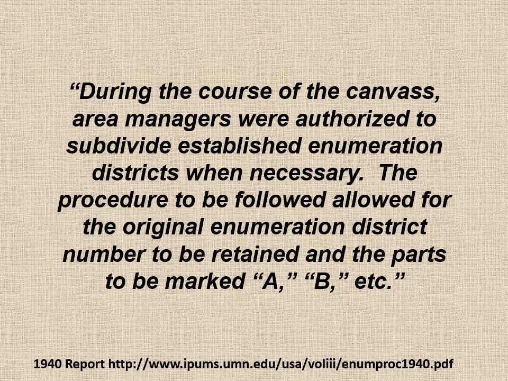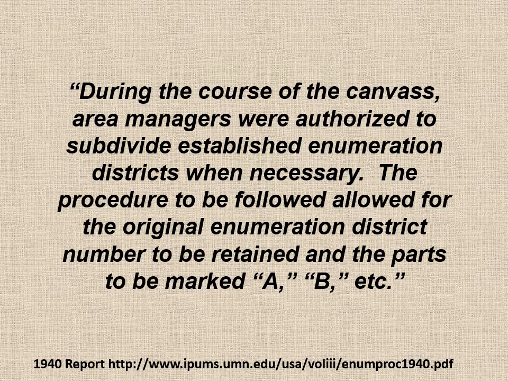And so here, as part of the procedures I found for 1940, it says that during the course of the canvass, area managers were authorized to subdivide established enumeration districts when necessary. The procedure to be followed allowed for the original ED number to be retained and the parts to be marked A, B, etc. So let me emphasize that.